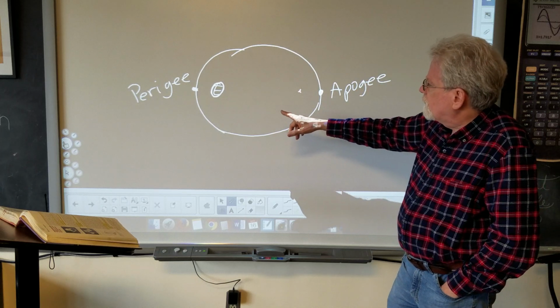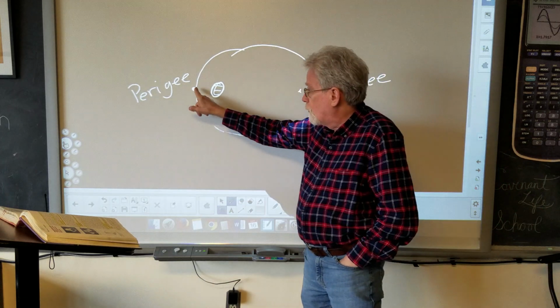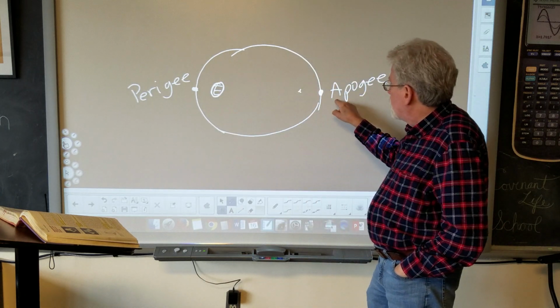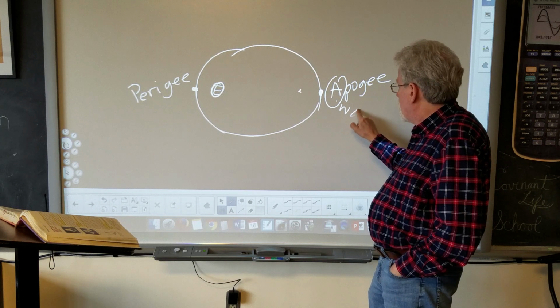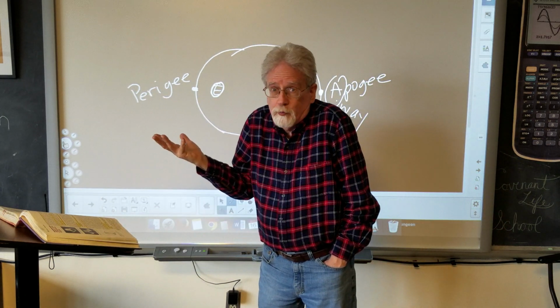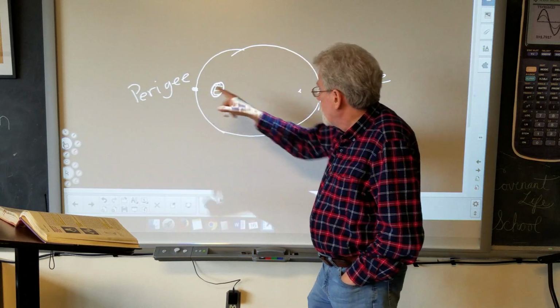What else did we discuss? Oh, for the test, you have to know where is perigee, where is apogee. How do you remember that? A for far away, perigee for pretty close.